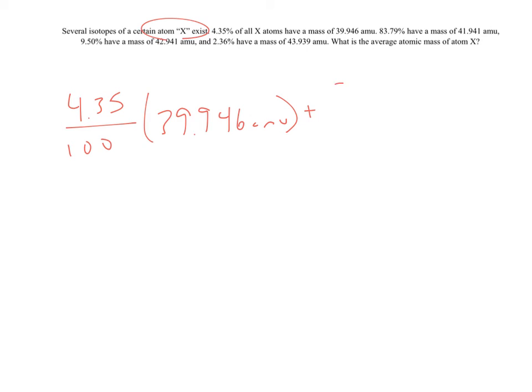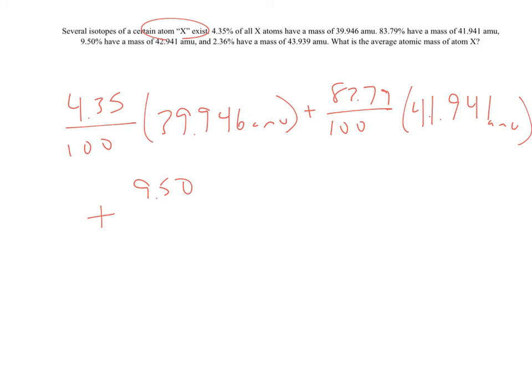And then the last problem says that we've got an atom X, and it says that 4.35 out of every 100 have a mass of 39.946 AMUs, plus we could just add them all together here. 83.79 out of every 100 have a mass of 41.941 AMUs, plus 9.50 out of every 100 have a mass of 42.941 AMUs.